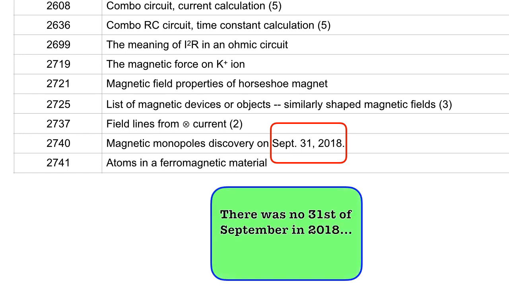There is no September 31st in 2018. Didn't you know that? Not only 2018, but in any other year. So if you see, and this was a true false question. Now, most of you got it right, but a few of you. It looks like a typo.